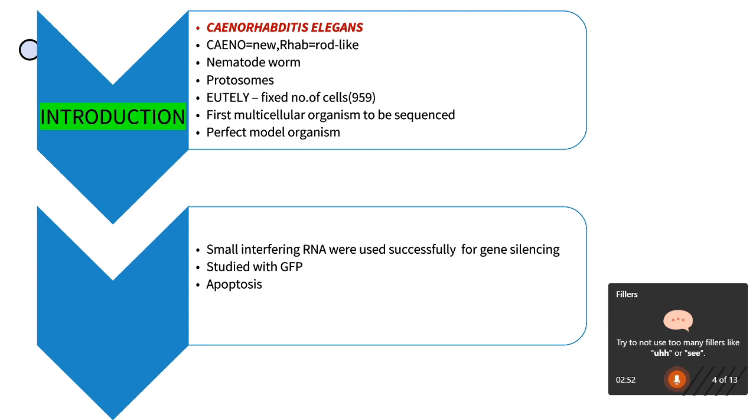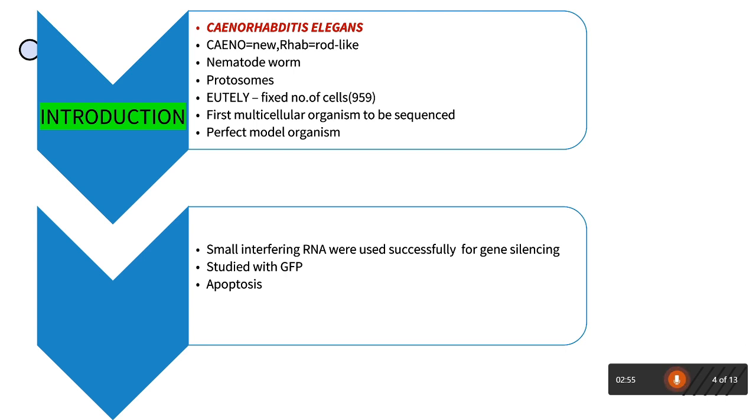Then, looking into what experiments have been conducted in C. elegans. It was the first organism in which small interfering RNA was successfully used for gene silencing. It was the first organism to be studied with green fluorescent protein, a reporter gene from jellyfish.